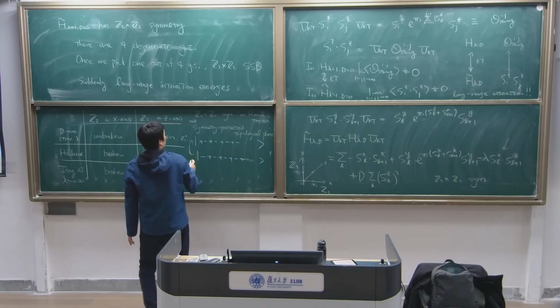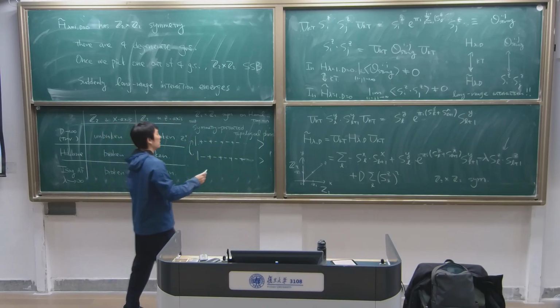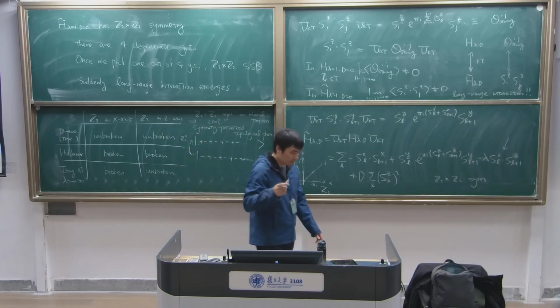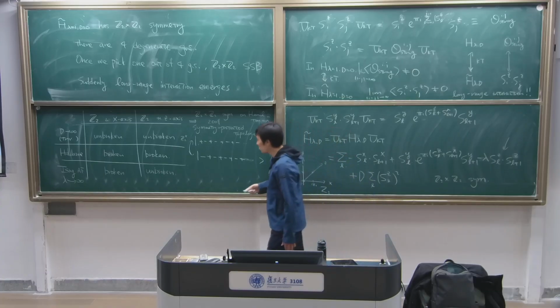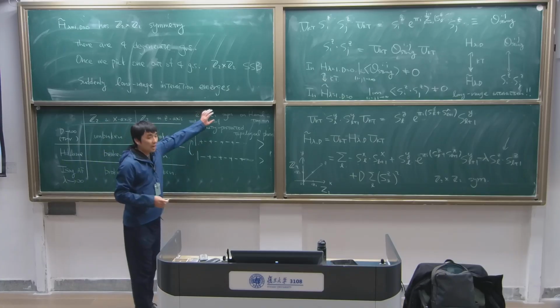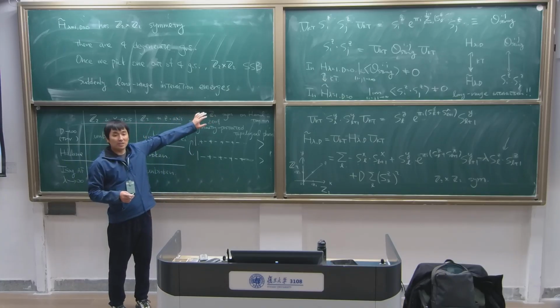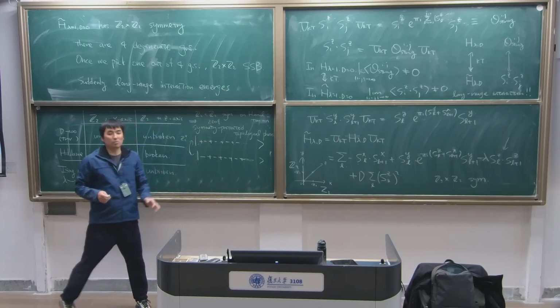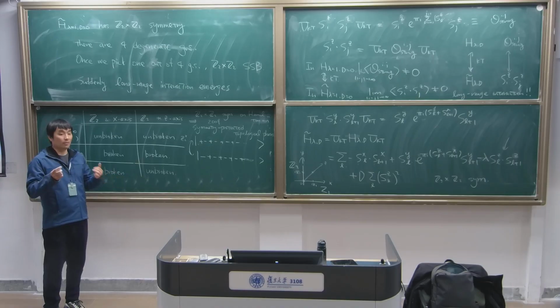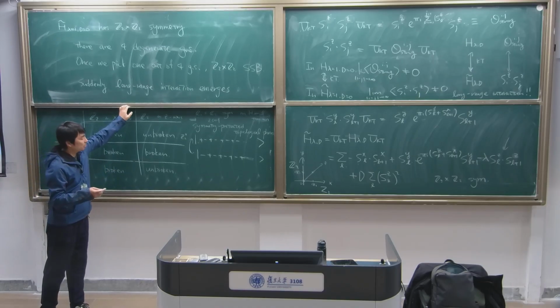This is a notion from 2009, by Gu and Wen, and Pollmann and Oshikawa. The Hamiltonian has a D2 plus D2 symmetry. And trying to move from one phase to the other phase, you really need to have a non-trivial phase transition, as I mentioned.